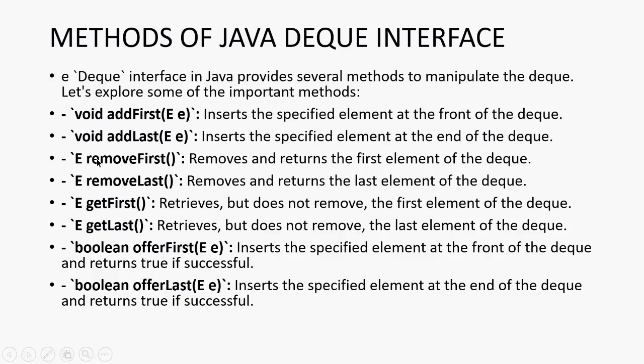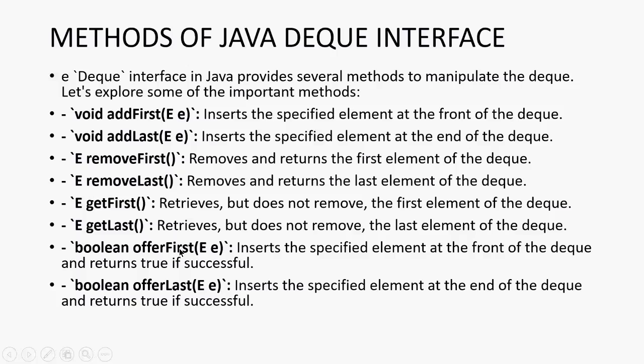Similarly, you could do removeFirst to remove your first element, or you could use removeLast to remove your last element. Also, getFirst and getLast will not remove the element from a Deque, but will retrieve and give you the first element and the last element from that particular Deque.